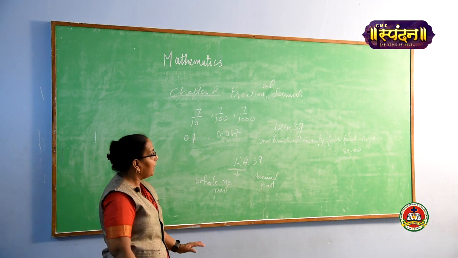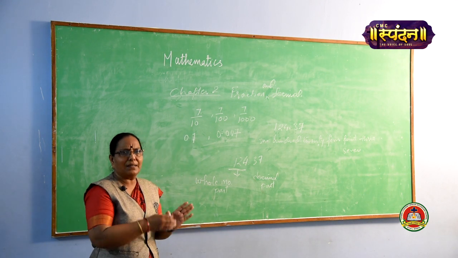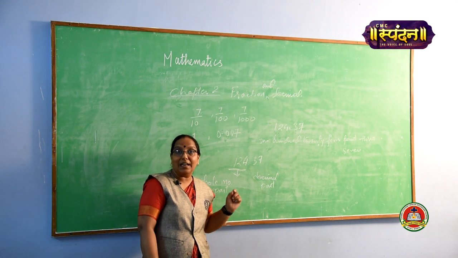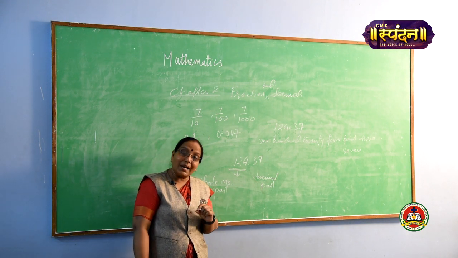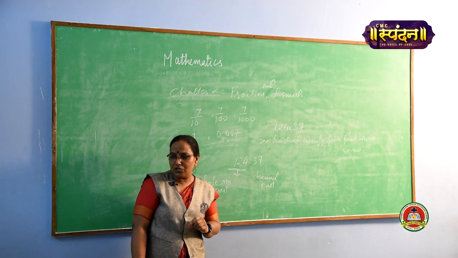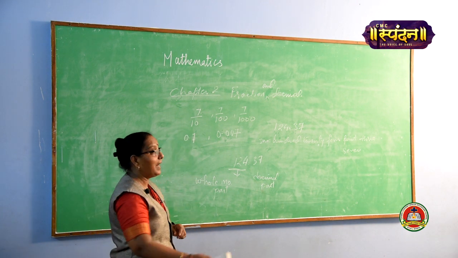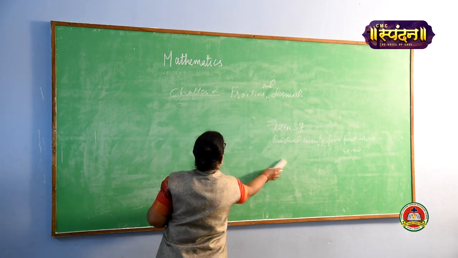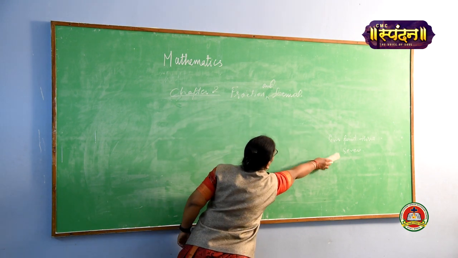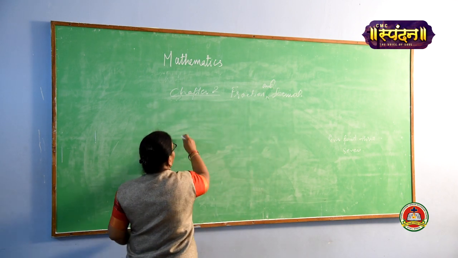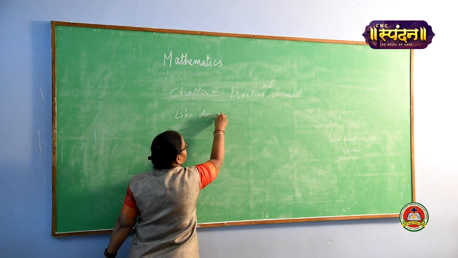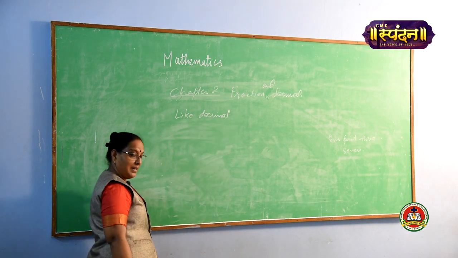After that, when we are going to compare decimals, how can we compare unless we know whether they are like or unlike? So the second topic, which is also very important, is like decimals and unlike decimals. So here I am going to write like decimals and unlike decimals.